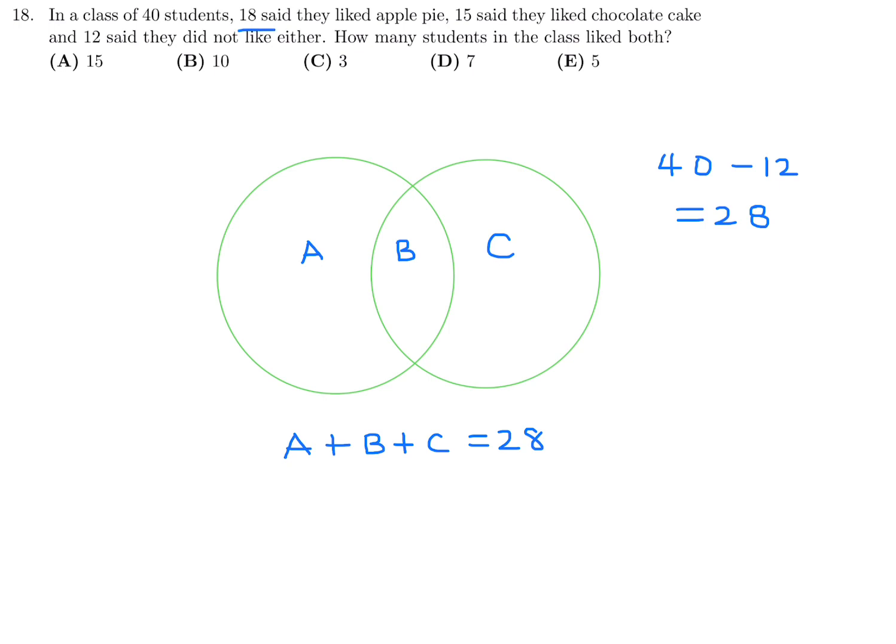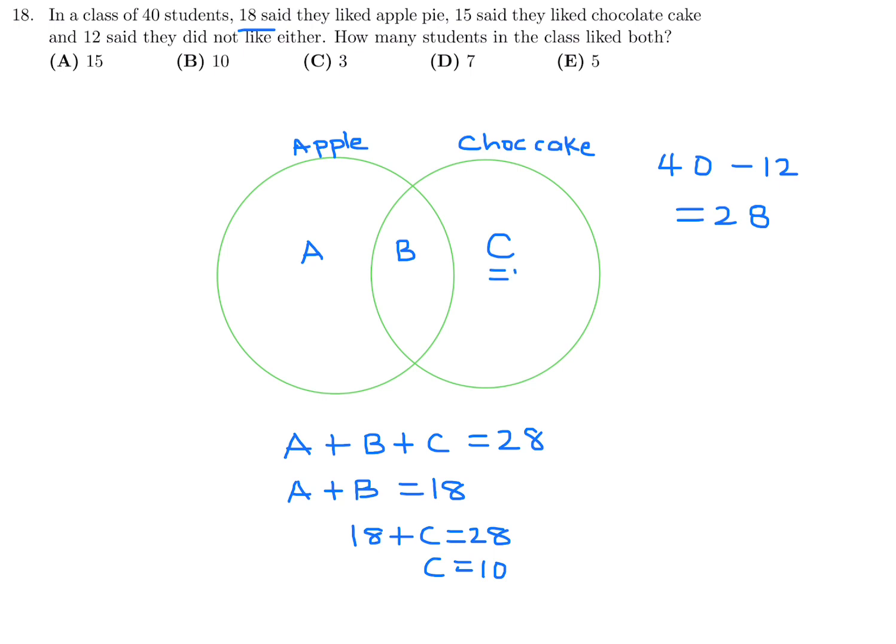So this first circle is sort of the apple pie circle. And the second circle is the chocolate cake circle. So the first circle is apple pie. So that means that A plus B is equal to 18. So if I substitute that into the first equation, I get 18 plus C is equal to 28, and therefore C is 10. So there we go, C is 10.